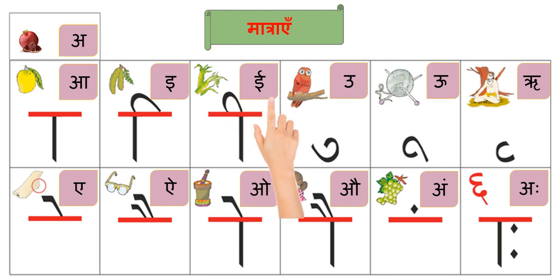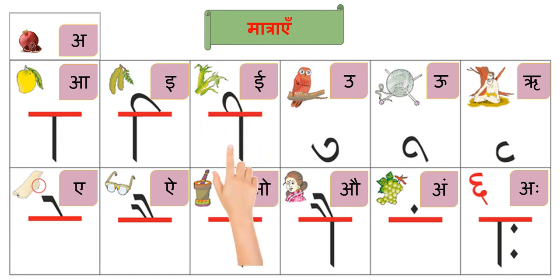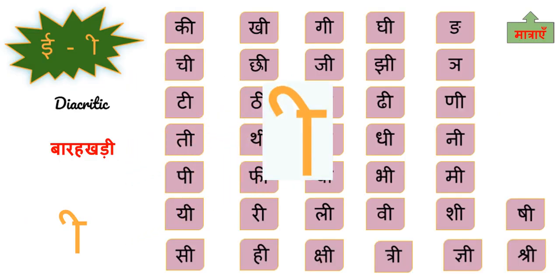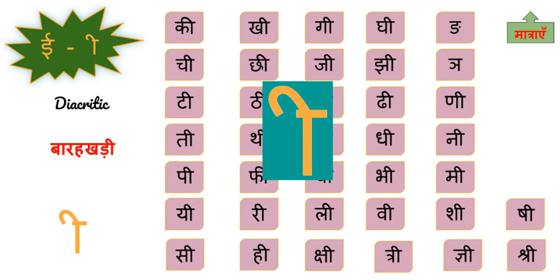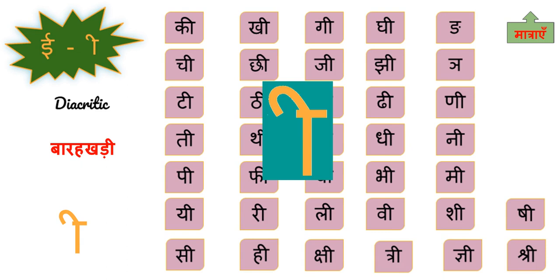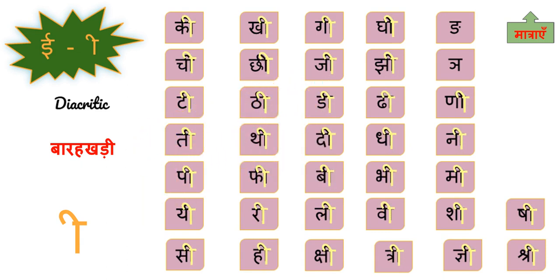ईख वाला ई, बड़ी ई की मात्रा. Badi E ki matra will look like this. This is a kind of mirror image of English F. And when this matra is added on the consonants, they look like this.